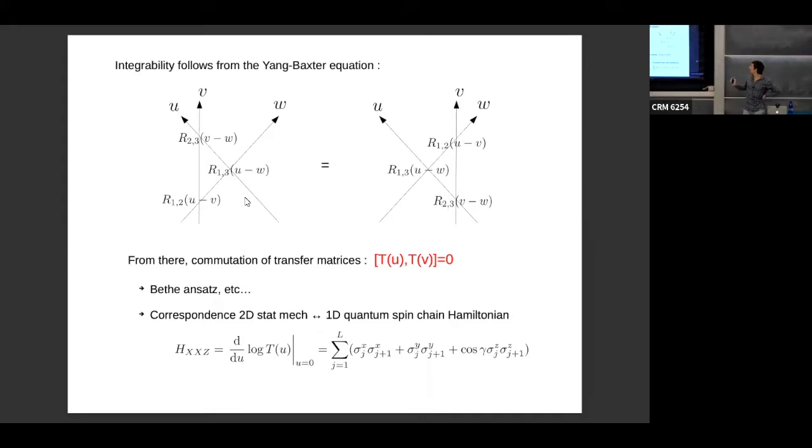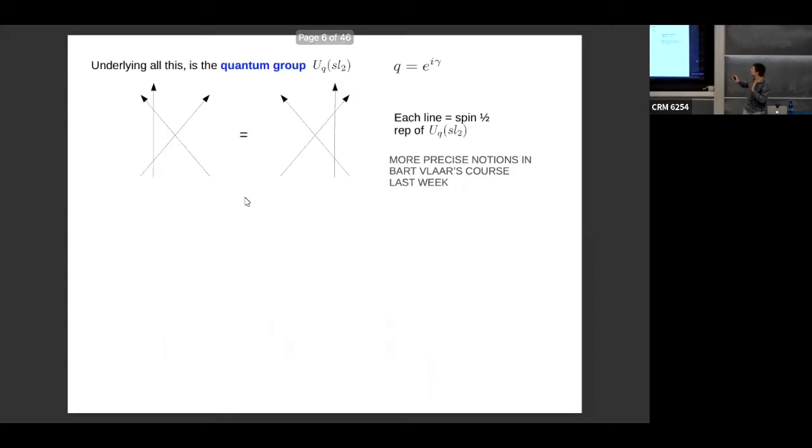Okay, so that was the basics. And now just briefly, quantum groups. Here I'm being very sloppy. For precise notions, we had Bart Vlaar's course last week, and also the last talk by Guillaume, where everything was said much more precisely.